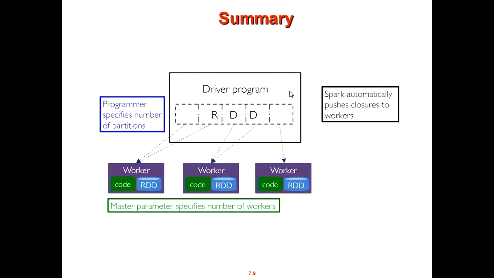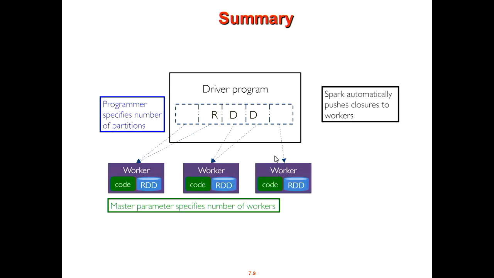Okay. So in summary, the Spark architecture is like this, and there's a driver program, and the programmer can specify the number of partitions, but Spark can also compute this for us. For each partition of the RDD, the worker will process this partition, and all the workers will do this in parallel.